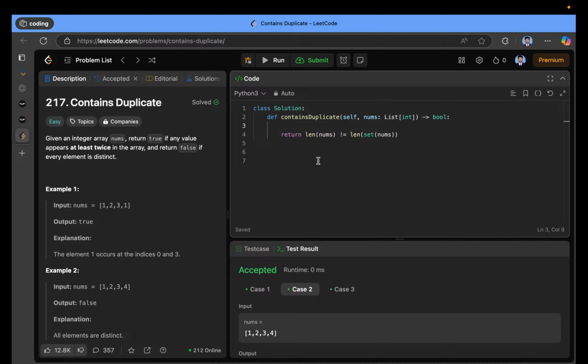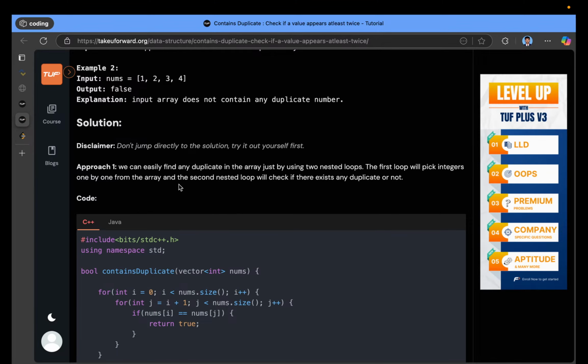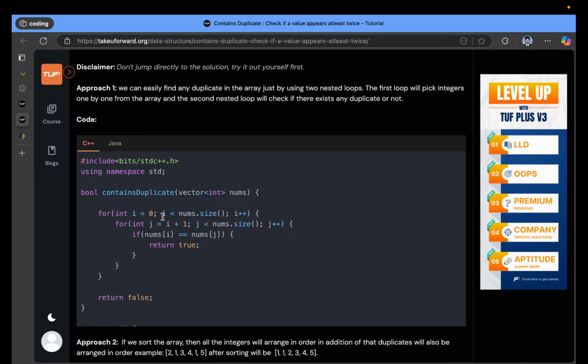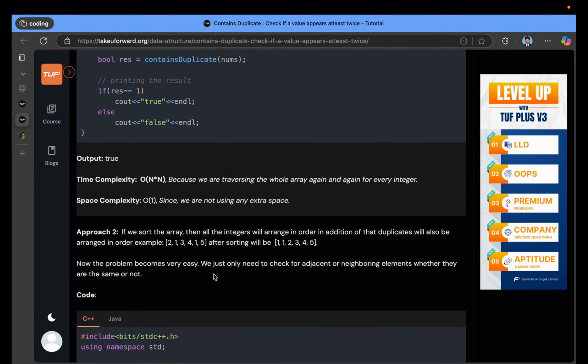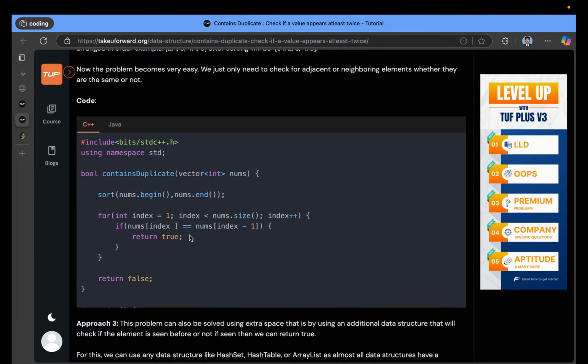Okay, I think this is the best solution I can find, and let's see how this Striver series gives the best solution. I know that there is some solution that I am missing. Okay, that's the brute force, but I am not going to do this in an interview because everybody knows. Okay, so after sorting, now the problem becomes very easy. We just need to check the adjacent or neighboring elements, whether they are same or not.